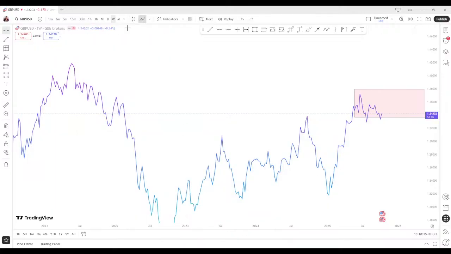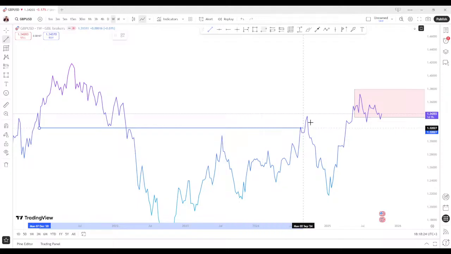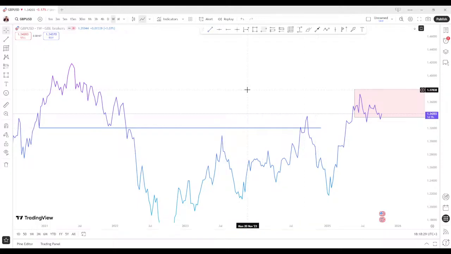Let me use the line chart. First, it buys or sells from a breaker block. Okay, that one. And then the market buys or sells from what? From a QML level.